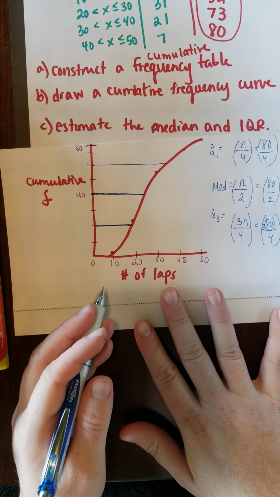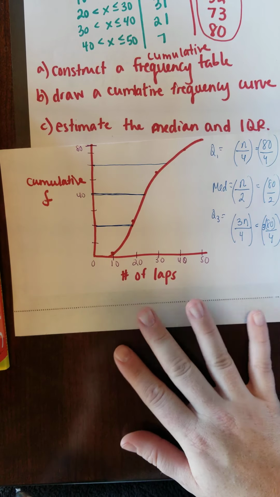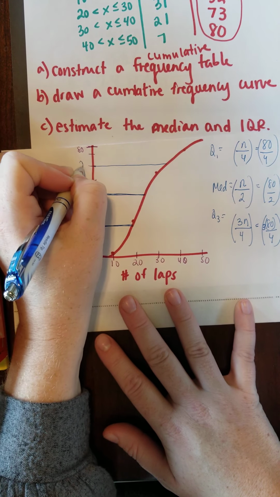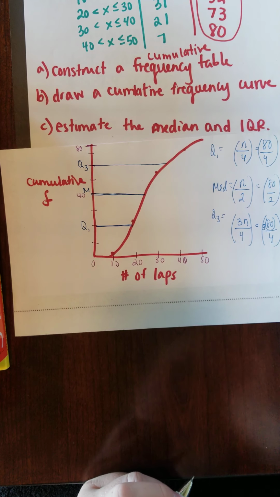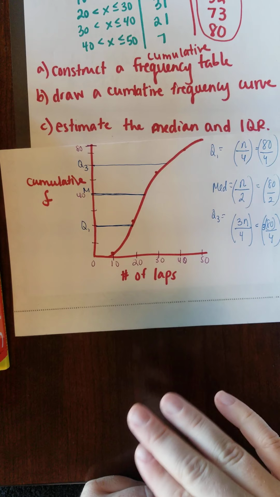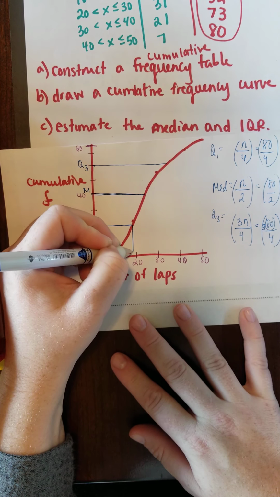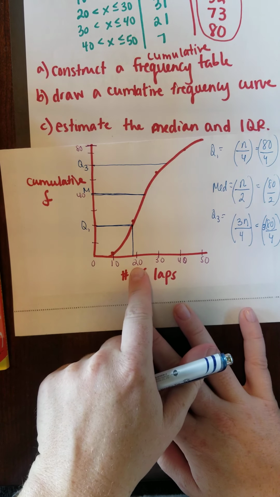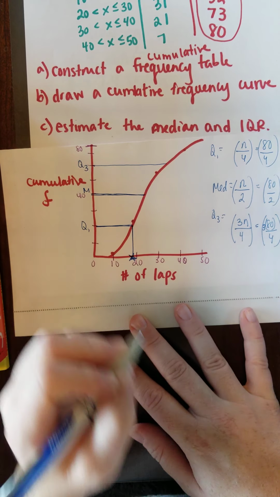So on this one, these are not the numbers that I'm looking for. This would be Q1. This would be the median. This would be Q3. The values that I really care about are the x values, because those are the numbers that are my data set. So what I'm going to do is drop a vertical line where my horizontal line hit it. And that's going to be where my value is estimated at.